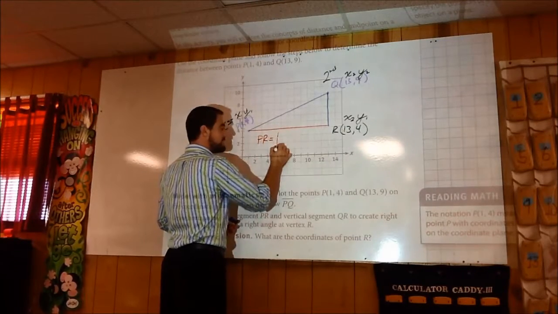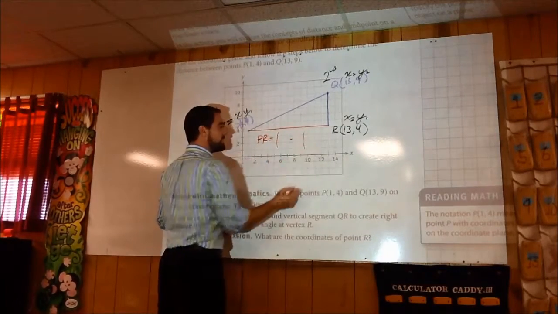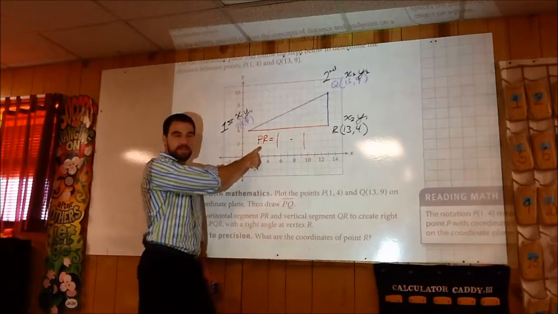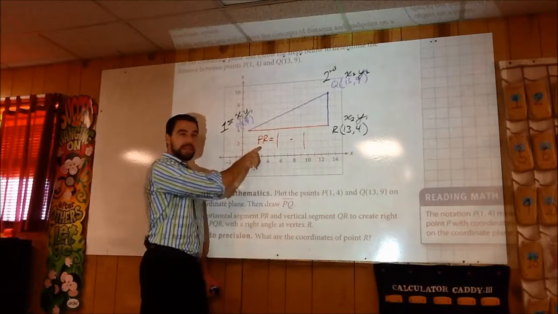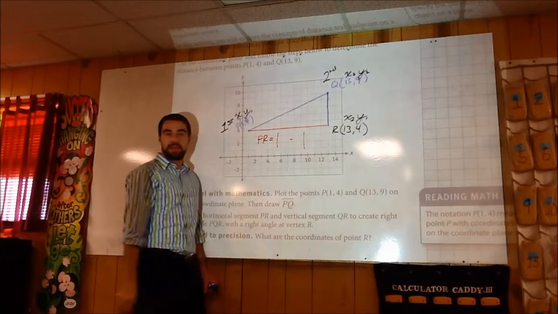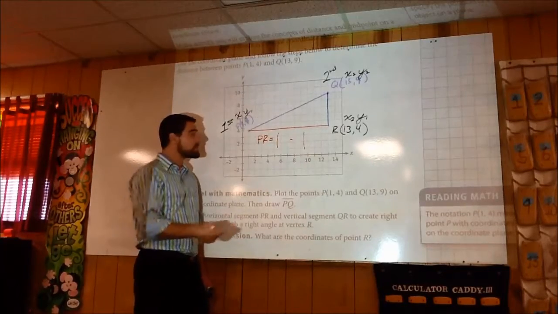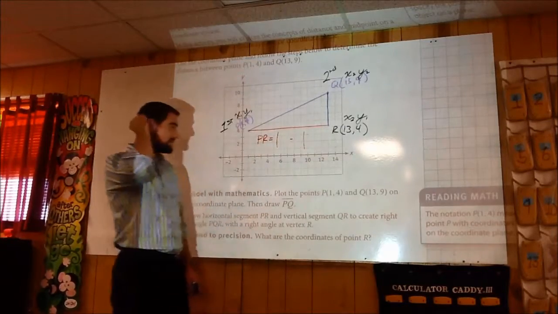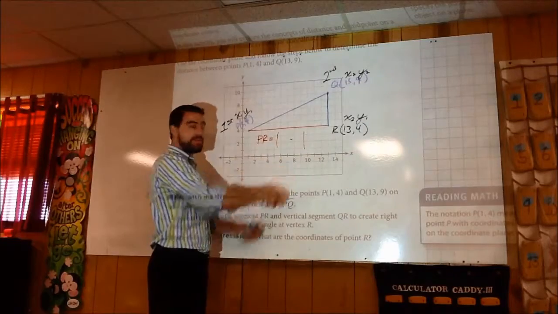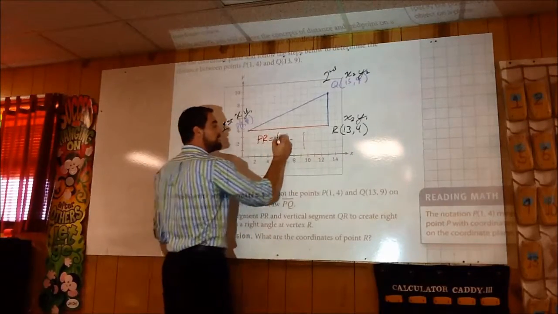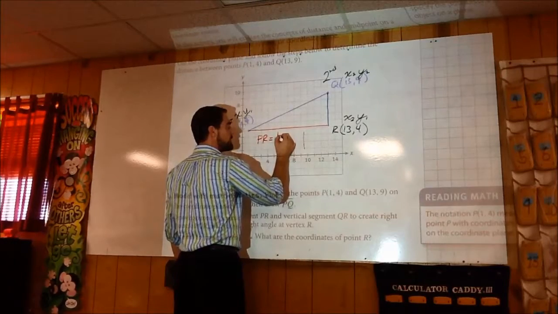So if I need to find the length of a horizontal, one-dimensional segment, what did we say? I'm going to take the absolute value of their difference. And so please make sure that you're practicing the correct notation. The length of segment PR, I don't have a bar above it, because I'm not talking about the object, I'm talking about its length. So the length of segment PR is equal to, and then I have the bars for the absolute value. I'm going to take the difference of these two coordinates.